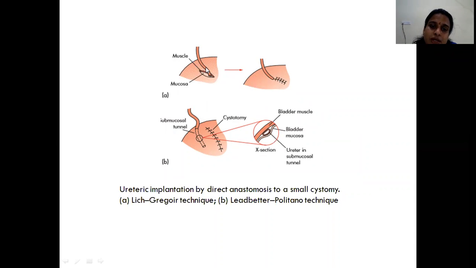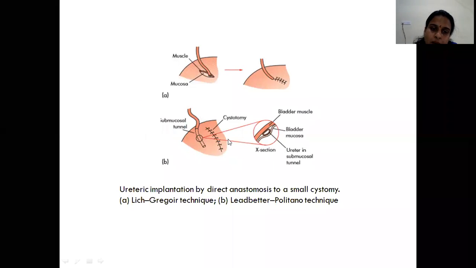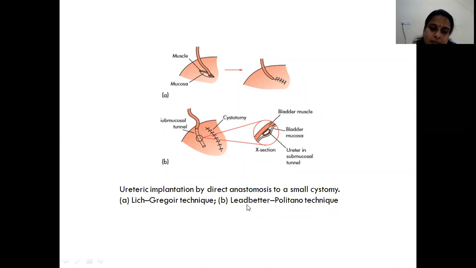The donor ureter is tunneled on the muscularis layer of the dome of the urinary bladder. Also, it could be a muscular tunnel or submucosal tunnel. If it is a submucosal tunnel, it is called the Leadbetter-Politano method. Most commonly we use the Lich-Gregoir technique.